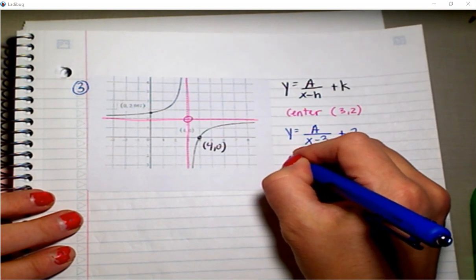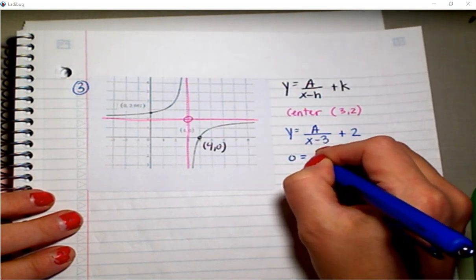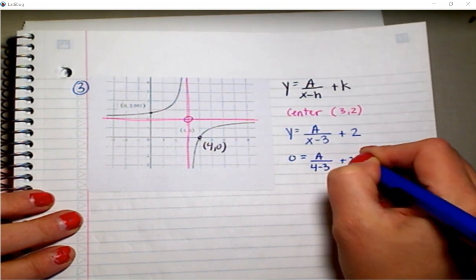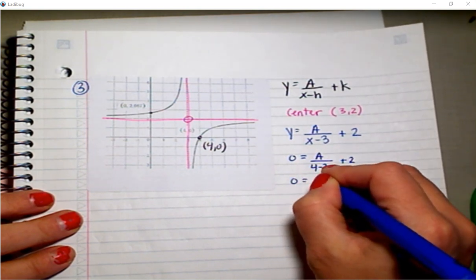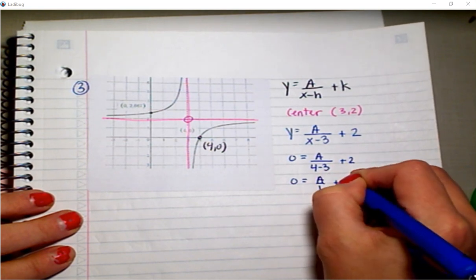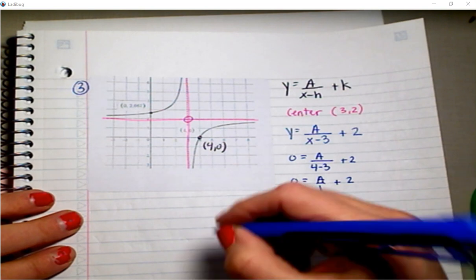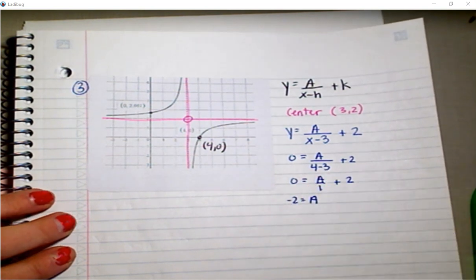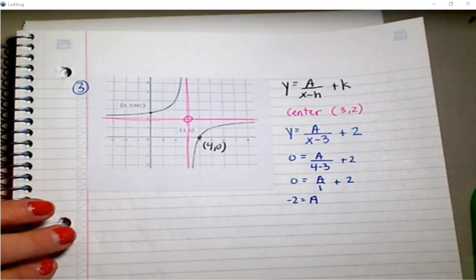So the y coordinate is 0 and x is 4. Then I'm just going to subtract 2 and we get a is negative 2.